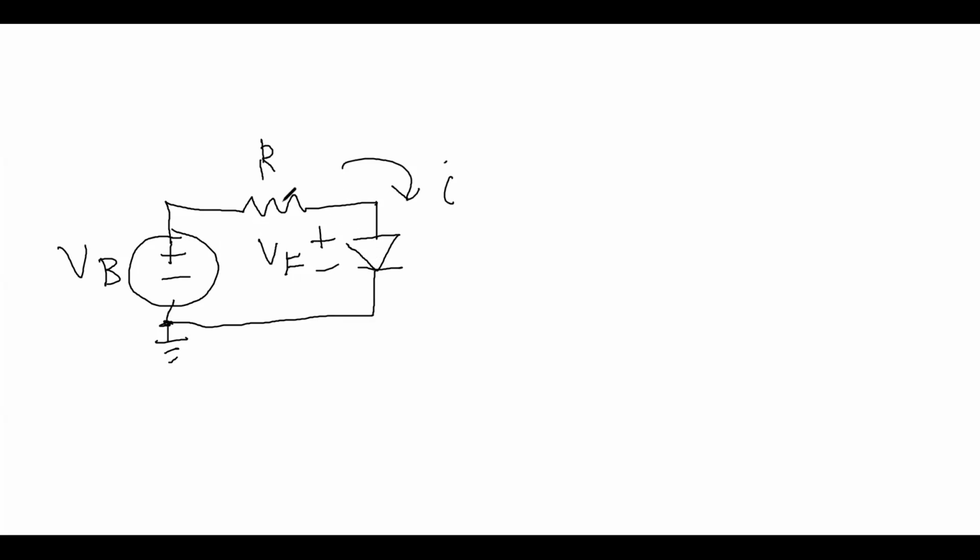So let's write this using Ohm's law. We know that this point is VF, because this is ground. So we can say VB minus VF, over this resistance R, equals the current. Pretty simple stuff.